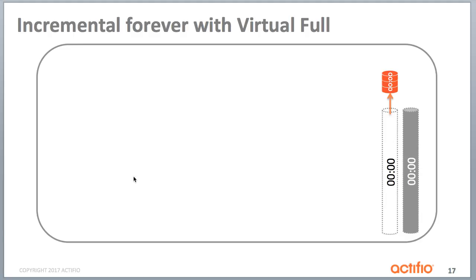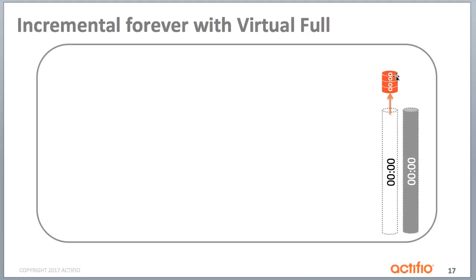I can design a policy that not only keeps a copy in the Actifio snapshot pool, but also deduplicates and compresses that point-in-time view and pushes it into the Actifio dedupe pool. So this little orange disk here represents a view of this snapshot as it was at midnight, but using only deduplicated and compressed blocks and some metadata to describe exactly the layout of the disk as it was at midnight.